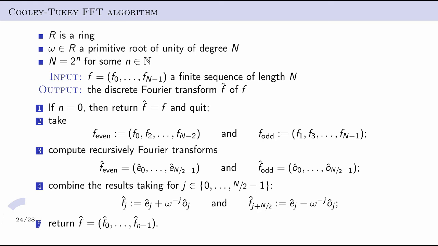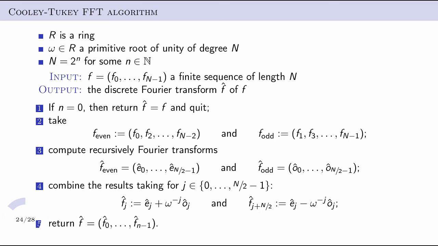How does this algorithm work? Here, for didactic reasons, just to simplify the explanation, I will assume that this length n that we deal with is a power of 2. This of course is a simplified version of the algorithm, but it's didactically better. It's easier to explain this algorithm this way.